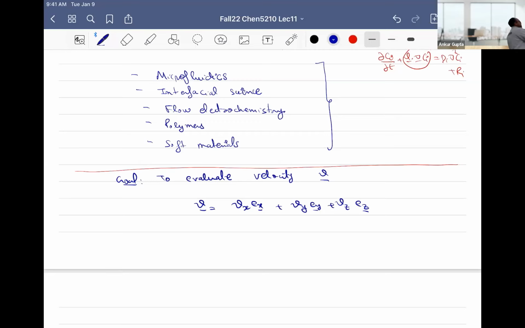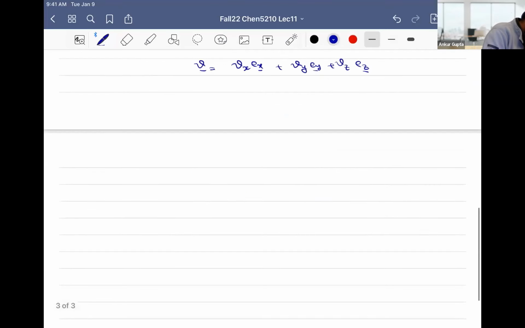Now here we have velocity, which is a vector to begin with. That's the key difference: as soon as we start talking about velocity, we are trying to evaluate 3 values all at once, Vx, Vy, and Vz, because that is what will give us the information. To do that, we define something called a stress tensor, sigma.